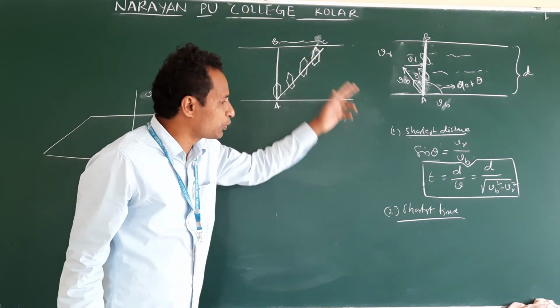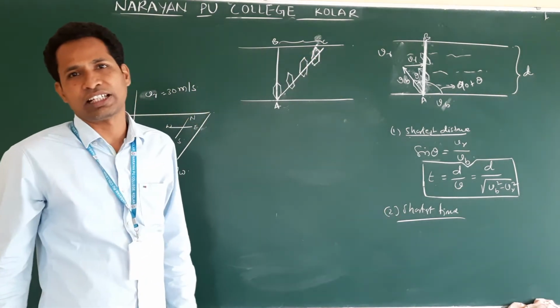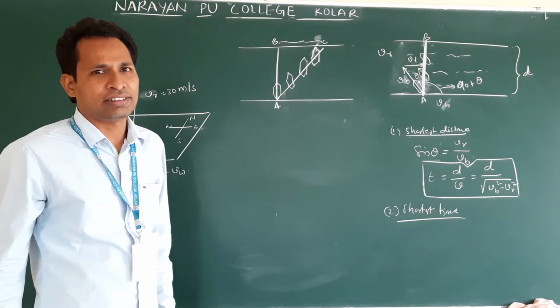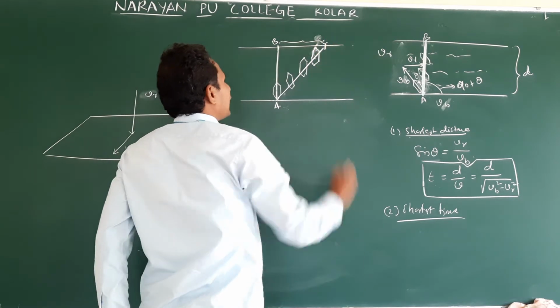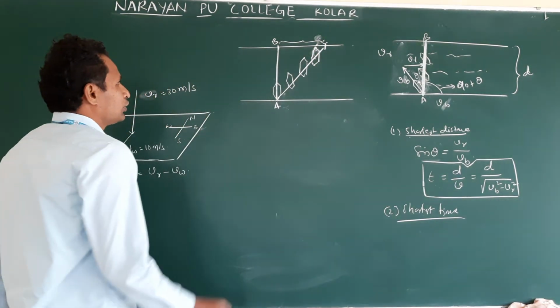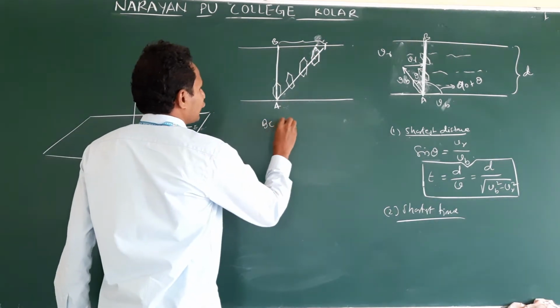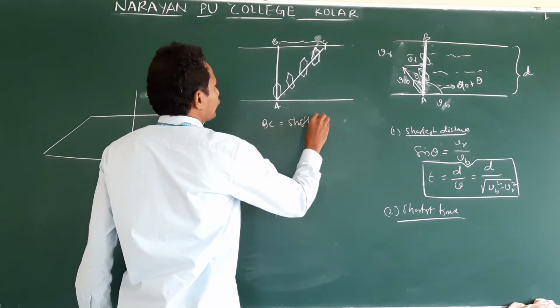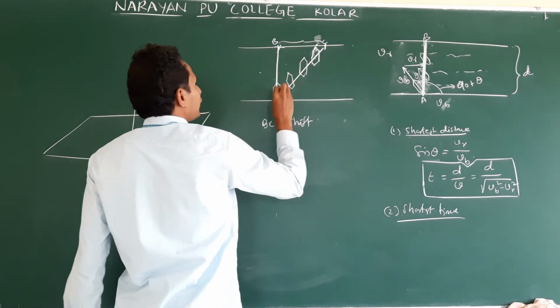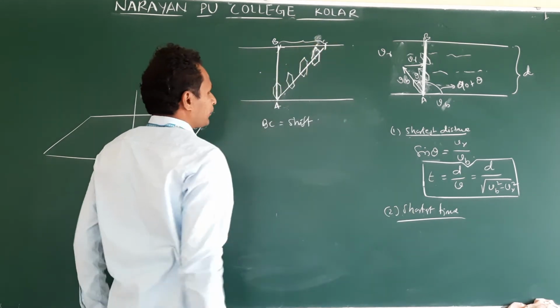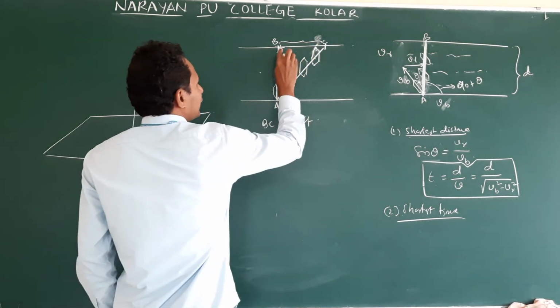If you want to reach the opposite bank in the shortest time, understand? This we call a shift, sometimes a drift. So BC is called the shift. The actual destination is B, but we want to reach in the shortest time, so he will start like this and reach C. Then why is it shifted?